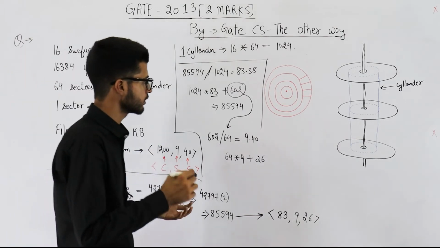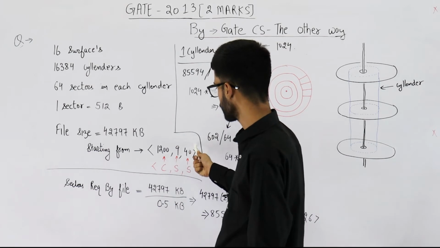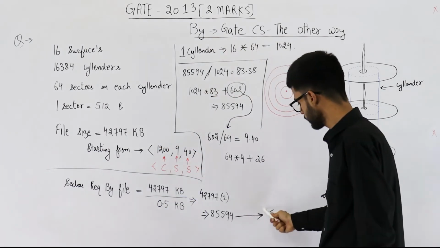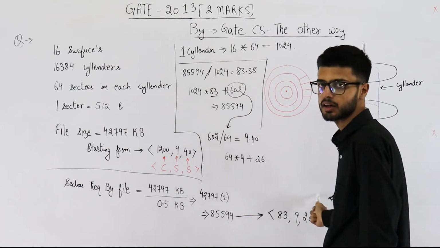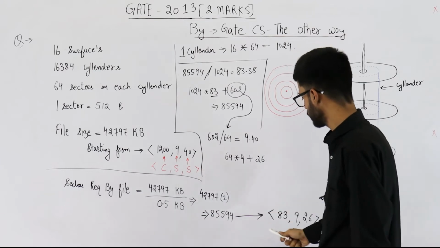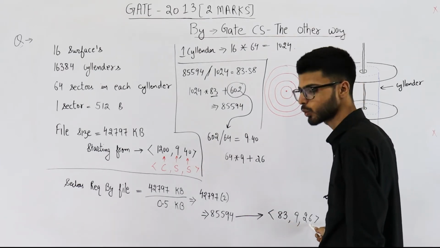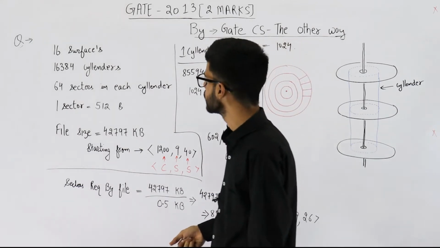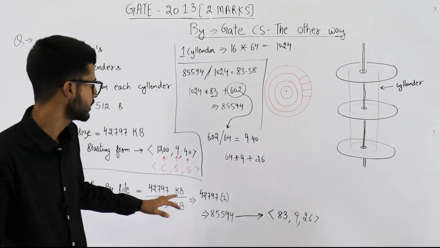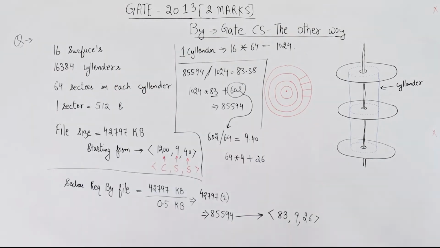What have we proved till now? You need to start from this address and fill this much data. Starting from this sector number, you need to fill 83 complete cylinders, 9 surfaces and 26 more sectors. That means our question simply translates to the addition of these two addresses. To this, just add this and that will be your answer.